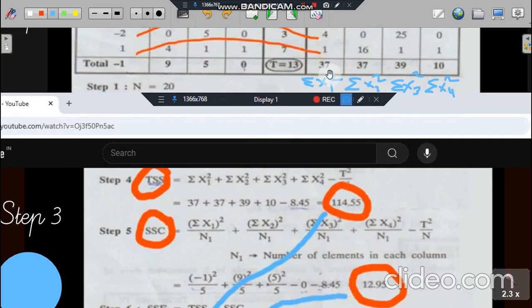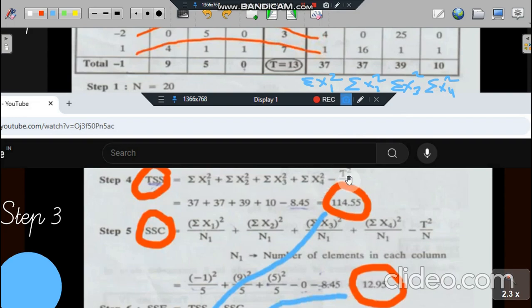So sum of x1 square is 37. That 37 we are writing here. The sum of x2 square, that 37 we are writing here. And 39, sum of x3 square, 39. And last one, sum of x4 square.